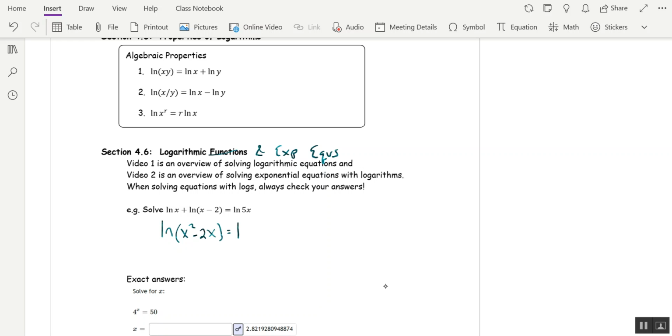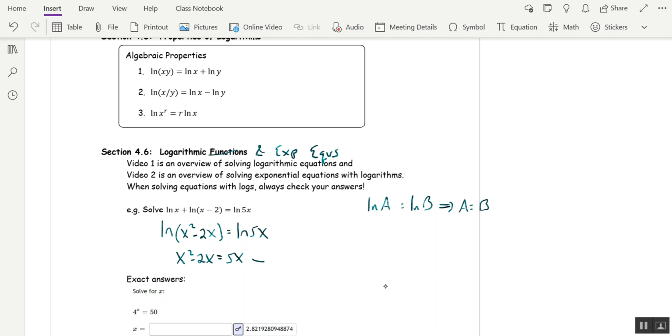And that's equal to ln of 5x. Now, the natural log function is 1 to 1. So if ln of a equals ln of b, then that implies that a equals b. So at this point, I can just set x squared minus 2x equal to 5x.